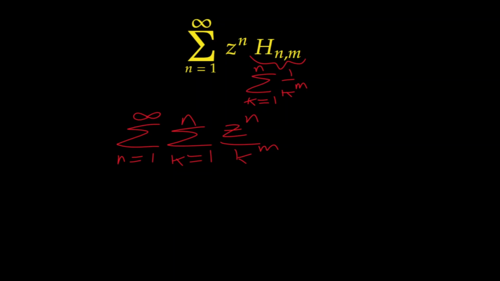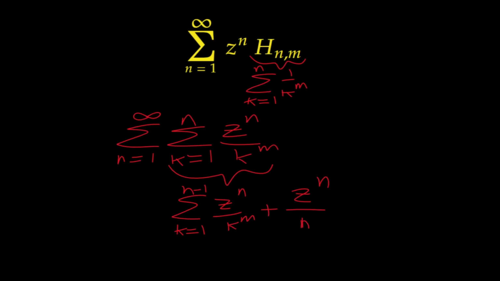We're going to take this and split it up into the sum from k equals 1 to n minus 1 of z to the n over k to the m, and then plus just the term we just chopped off, right? So we just need to plug in n for k, so we have z to the n over n to the m.